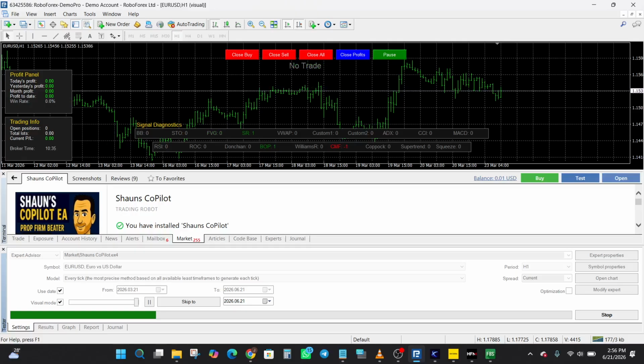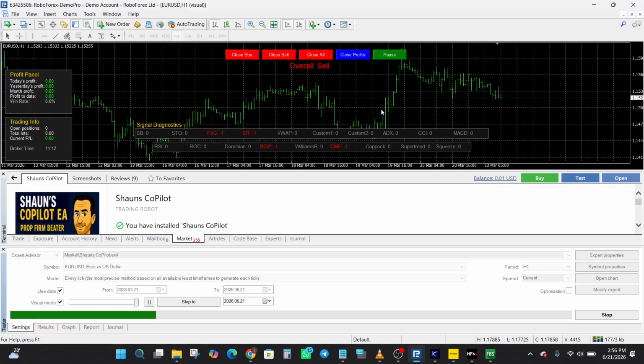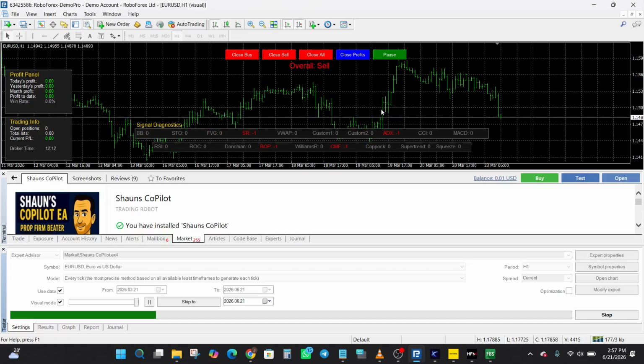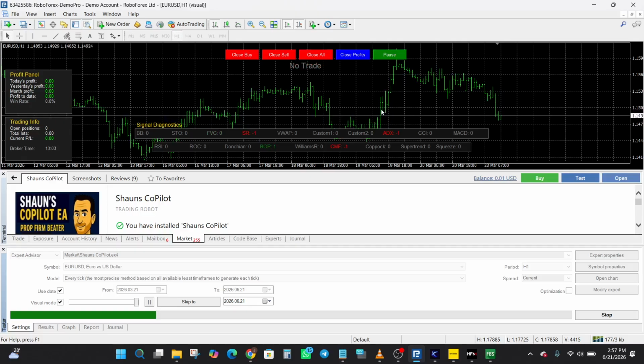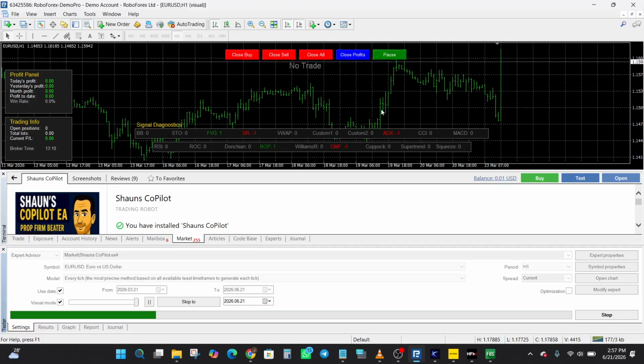When reviewing any backtest, I always recommend running longer term testing yourself. A broader testing period can provide a more complete understanding of how an EA behaves across different market environments, including trending conditions, ranging markets, and periods of higher volatility.